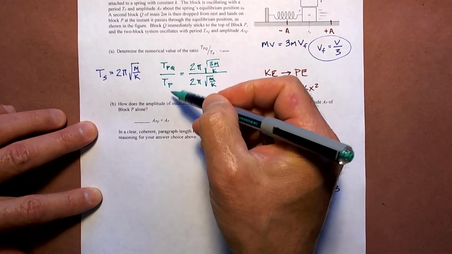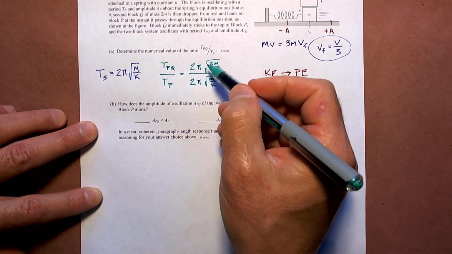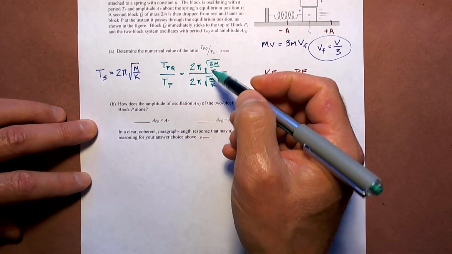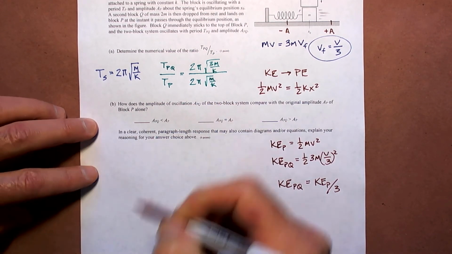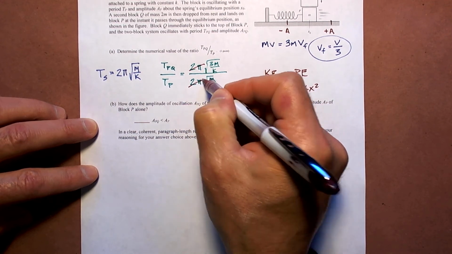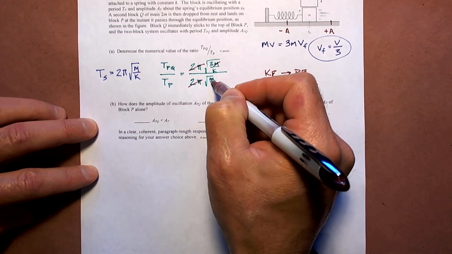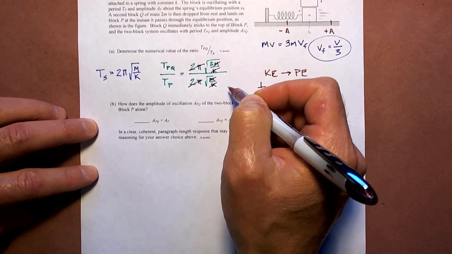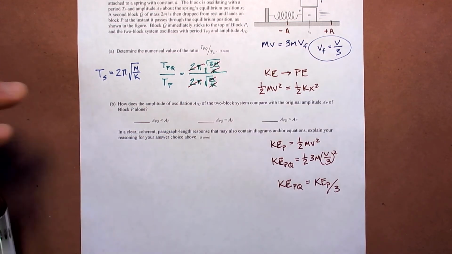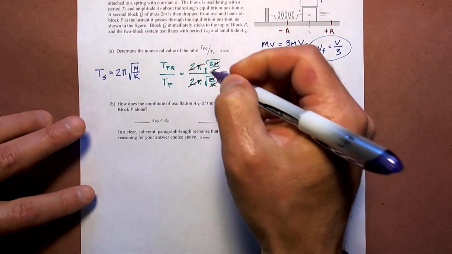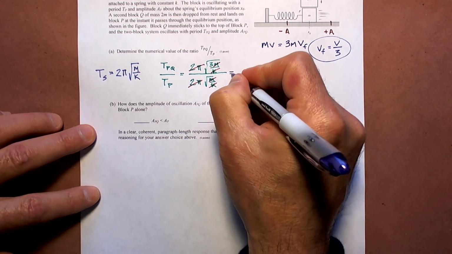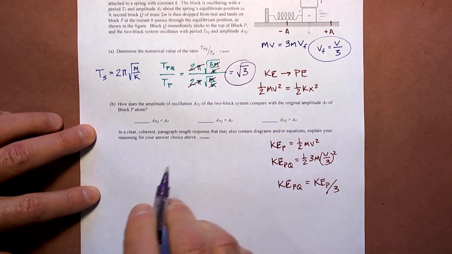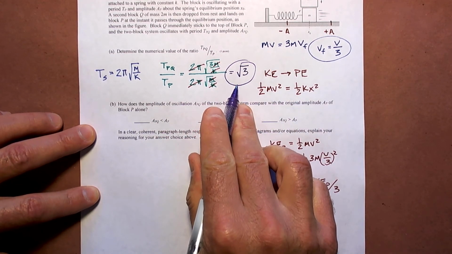So if we divide these two, TPQ divided by TP, we get 2 pi root 3m over k divided by 2 pi root m over k. We do a little canceling: the 2 pi's go away, they're a constant, the root m goes away, the root 1 over k goes away, and we end up with the ratio of the two periods being equal to root 3. Got a little tight here with my explanation, but that's the answer to the first part.